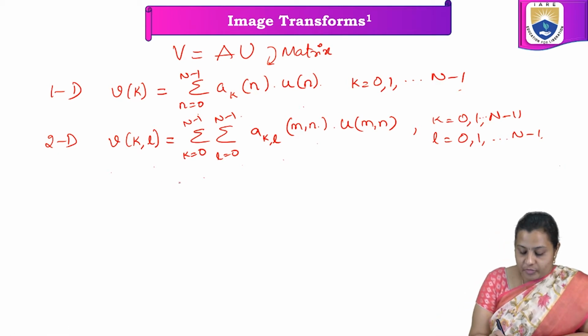So we have this function, which we can write as v equal to Au.